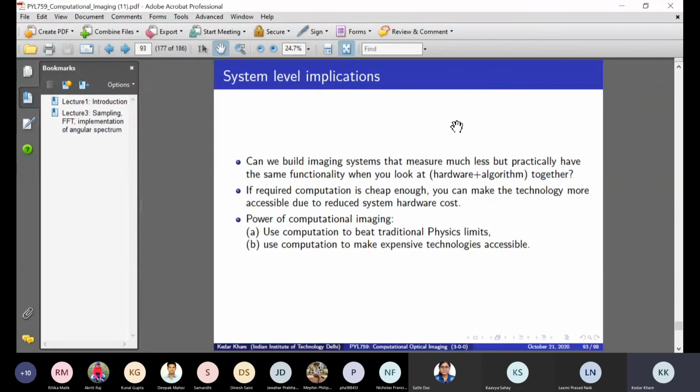But the second exciting possibility is, you can push the boundaries of where science is. Okay, so you can use computation to push the physics limits. So the physics limit traditionally did not think about such algorithms, and so you could never have gotten such images. But now you are essentially able to push the physics limits, and so I think both the paths are exciting.